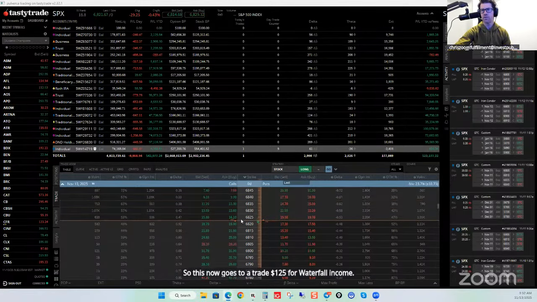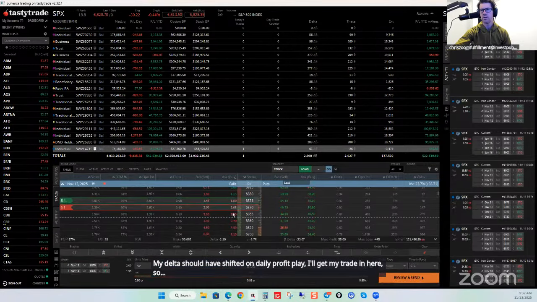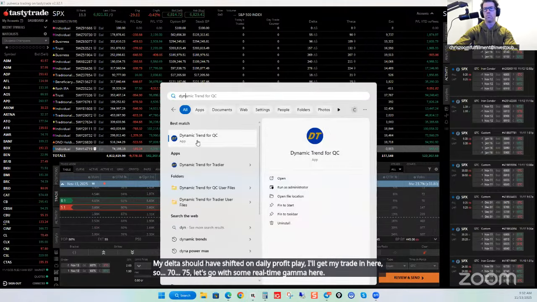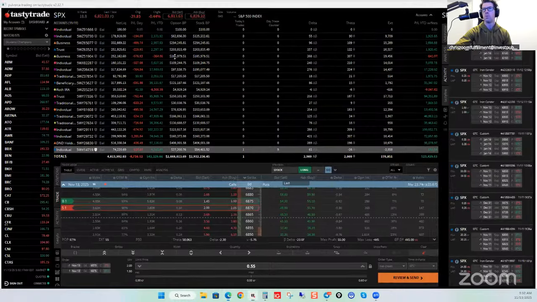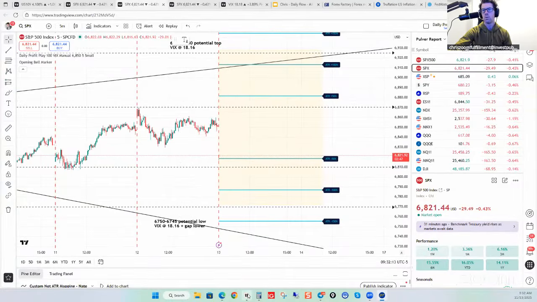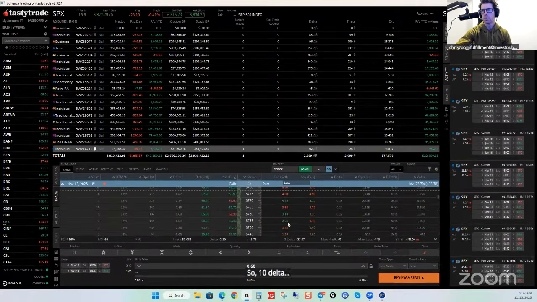My delta should have shifted on daily profit play. I'll get my trade in here. So 70, 75. Let's go some real-time gamma here. So 10 delta, 67.50.